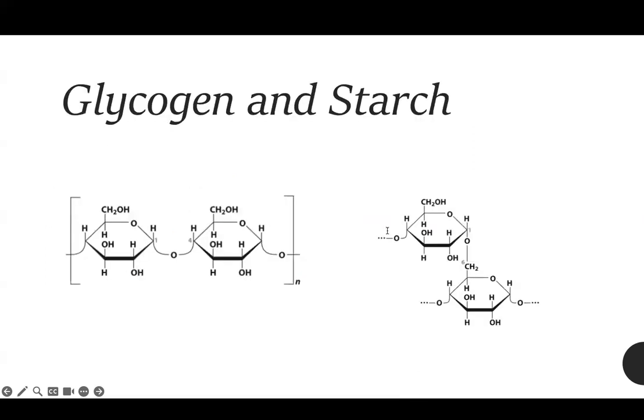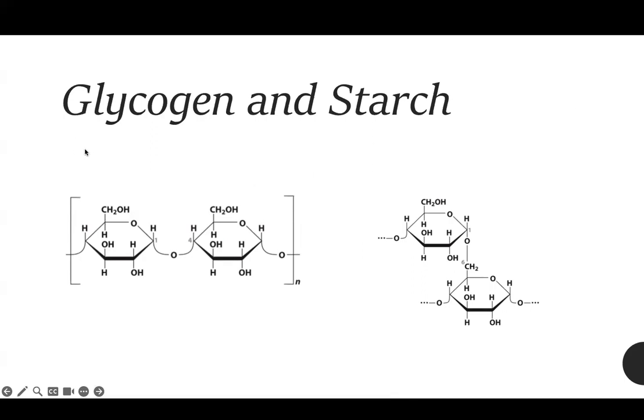Okay, and this will then take us to the storage forms of glucose. So we have glycogen and starch, which are used to store energy in the form of glucose polymers in this case. The polymers of glucose are linked via an alpha 1,4 glycosidic bond.